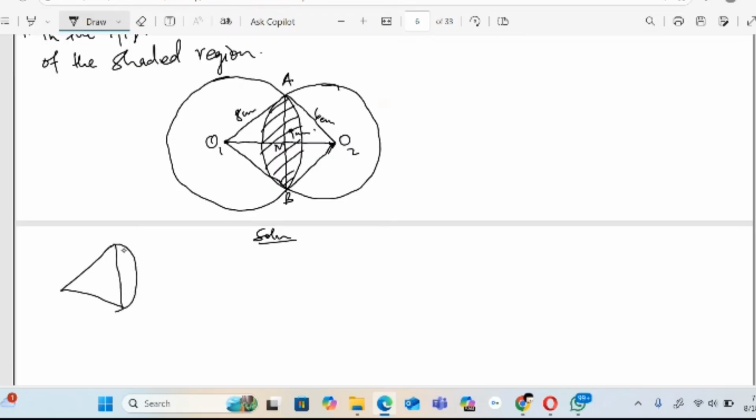This one has 8 centimeters, and then still this is 8 centimeters, and then this line to point M, and then we have another one.